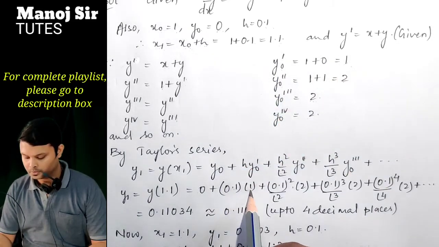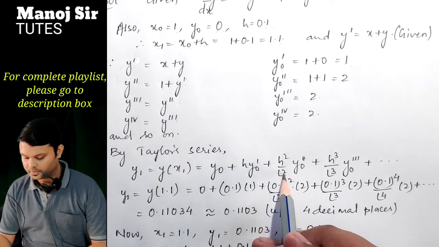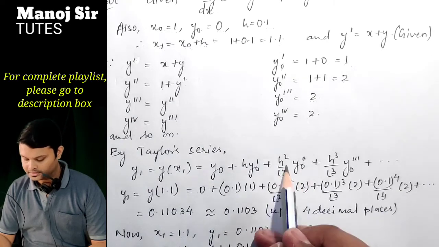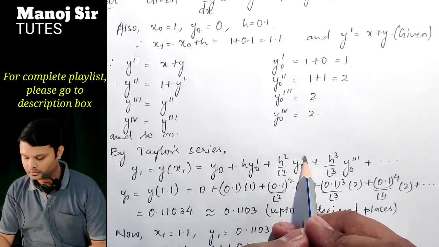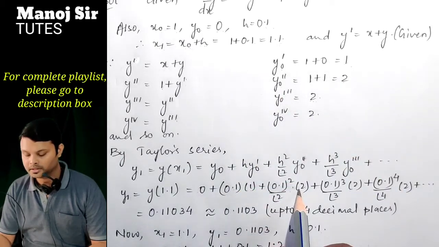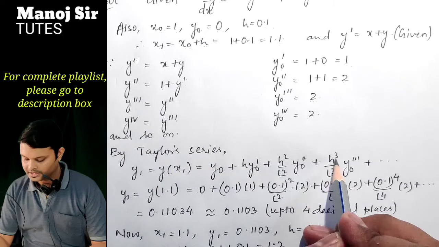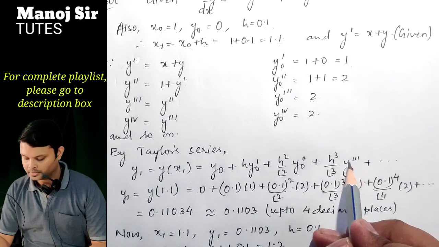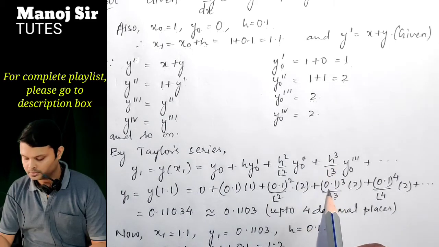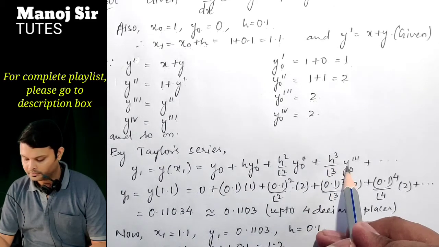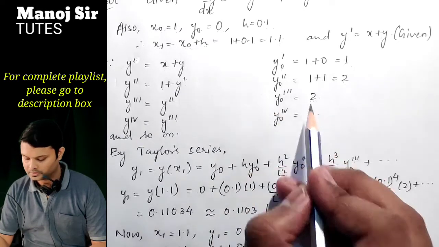So 0.1 into 1 plus h square upon factorial 2 into y naught double dash, that is 0.1 whole square upon factorial 2 into y naught double dash, whose value is 2. So simply multiply 2 here, plus h cube upon factorial 3 into y naught triple dash. The value of h is 0.1, so simply write 0.1 whole cube upon factorial 3, and here we have y naught triple dash, that is 2.